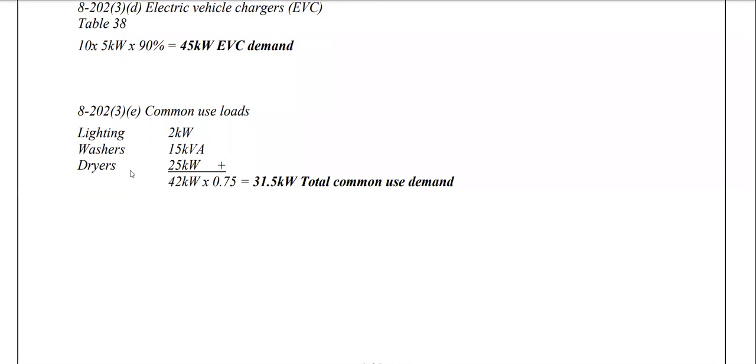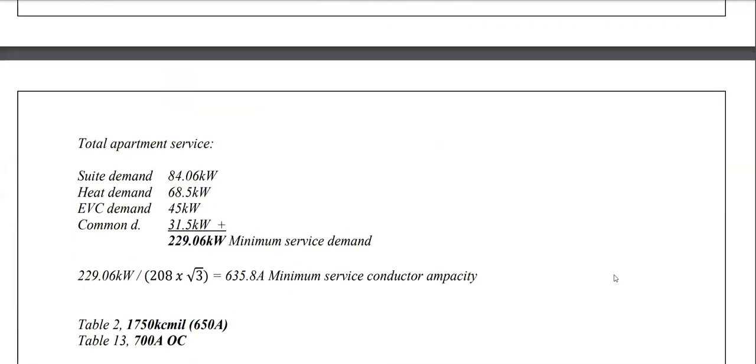Finally, the common use loads are taken at their ratings. Perhaps this apartment has a laundry facility. We add them all up, and we take 75% as indicated by 8-202 3E, 31.5 kilowatts total common use demand. Well, let's add all of these up together.